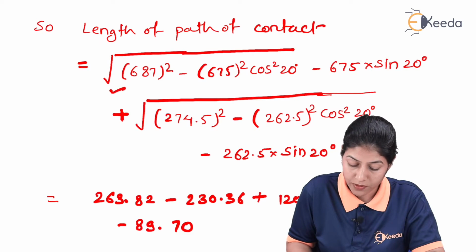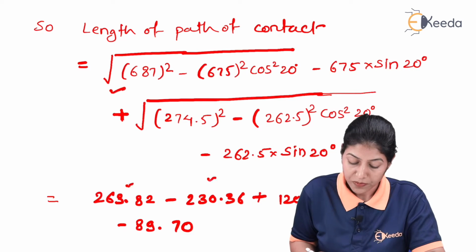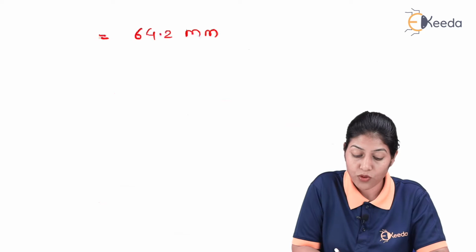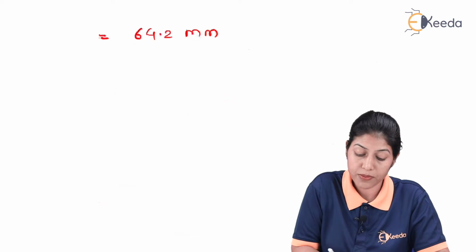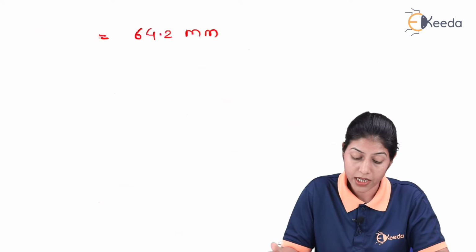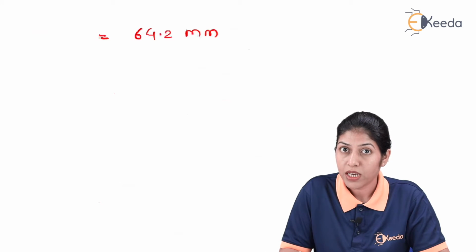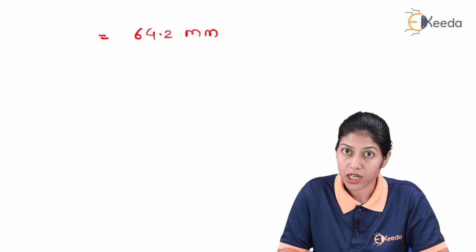So these four terms are representing the calculations, and the final value we are getting is 64.2 mm. So this is representing the length of path of contact when pinion is in contact with the wheel during motion or during meshing condition.